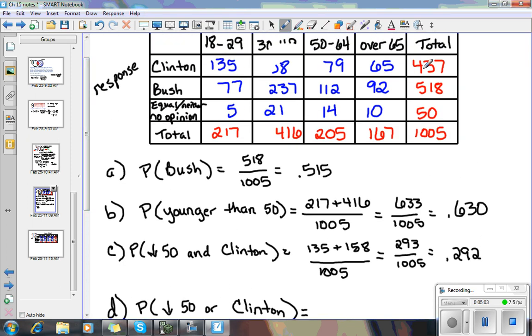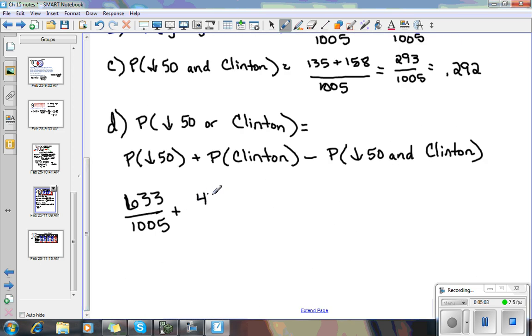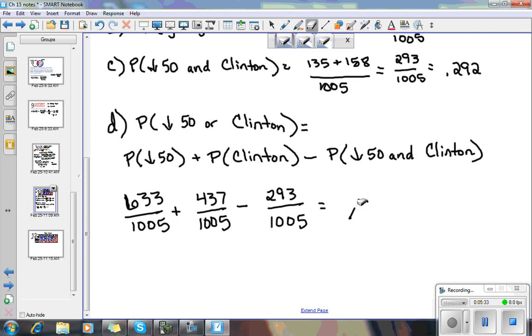It's 437 out of 1,005. And the probability of both, we already figured out, was 293 out of 1,005. If you were to add those and then subtract, very conveniently we have a common denominator, you can verify that you get 0.773. All right, so you can double check that.